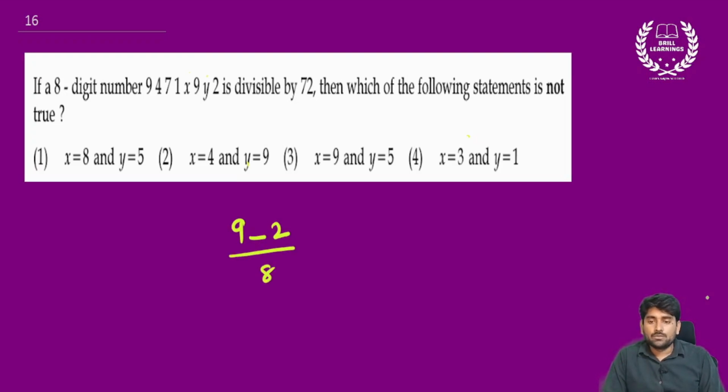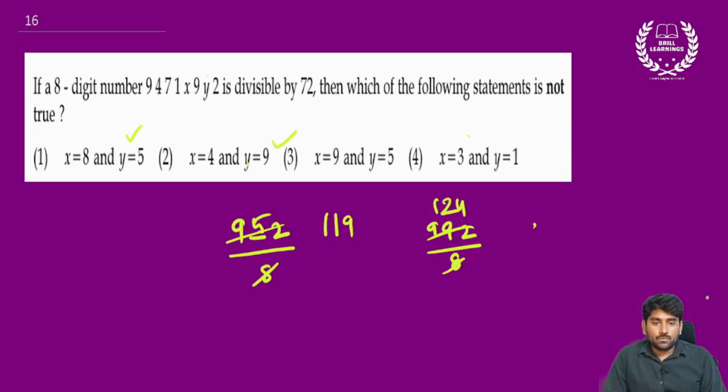Let's check. In the first option, the y value is 5, so put 5 here. 8 ones are 8, 1 5 is left, 8 ones are 8, 7 is left, 8 nines are, so this is okay. Second one, 92 by 8: 8 ones are 8, 8 twos are 16, 8 fours are 32, this is also okay.